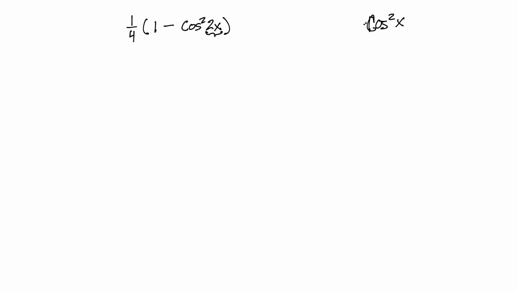So for cosine it's 1 plus cosine of 2x, and we have a 2x, that means I'm going to have to take twice 2x when I substitute it. This is all over 2.